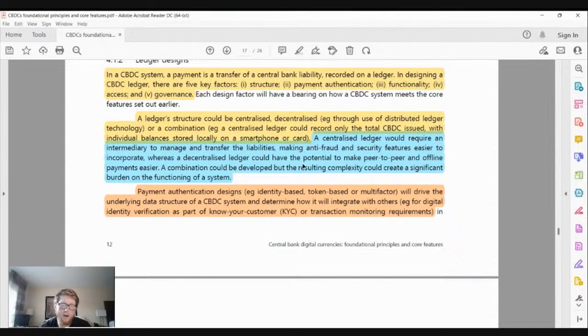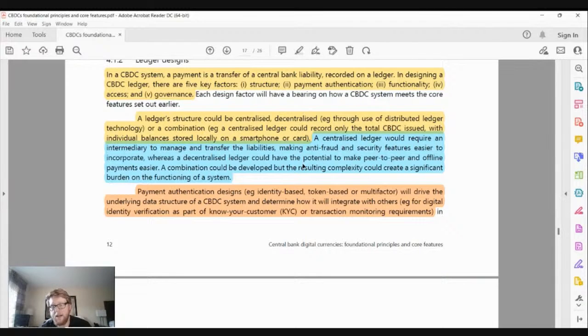An example they give is a centralized ledger that only keeps track of the total amount of CBDC issued, with individual balances stored locally, like on your phone or your cards, so they don't know how much you have specifically. That would be another option.